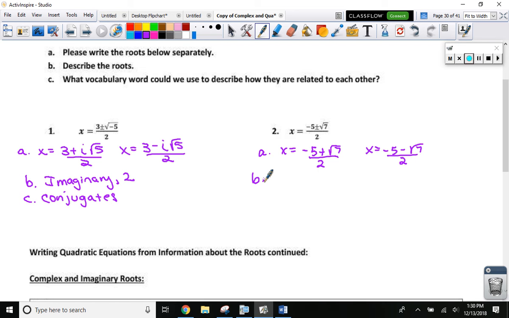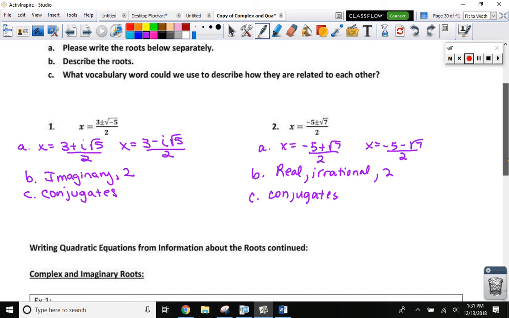Describe the roots here. Two of them. And what do we know about these as well? Conjugates of each other. All right, so got the vocab down. So irrationals and imaginaries always come in pairs, and they're conjugate pairs.